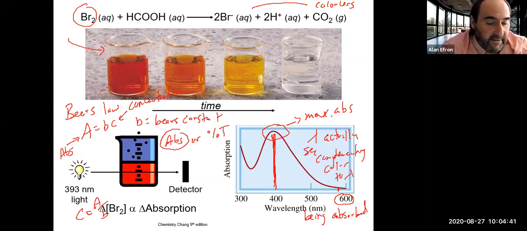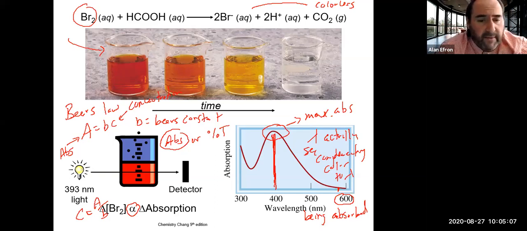Basically that's what it says on the bottom. In this particular experiment, we could follow the change in concentration of Br2. That little symbol there is the proportional symbol: the change in the concentration is proportional to the change in absorbance. So by following the change in absorbance, we can definitely see over time how something is changing.